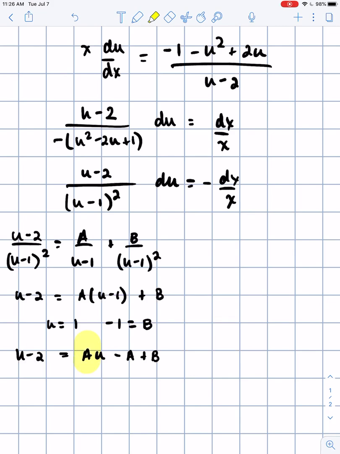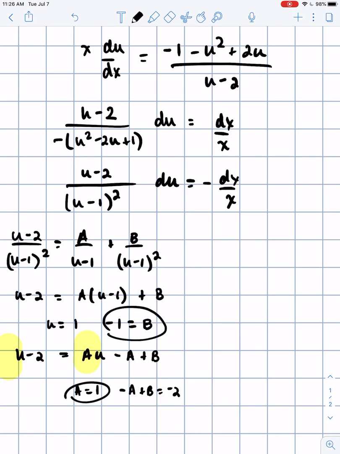We know a is going to be 1 just based on the coefficient in front of u, okay? So if I make a equal to 1, that means -a plus b has to equal -2, which makes sense because we got b to be -1.